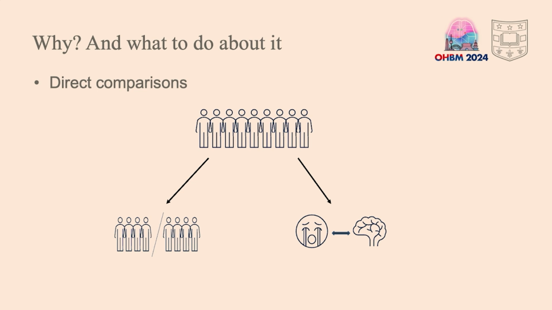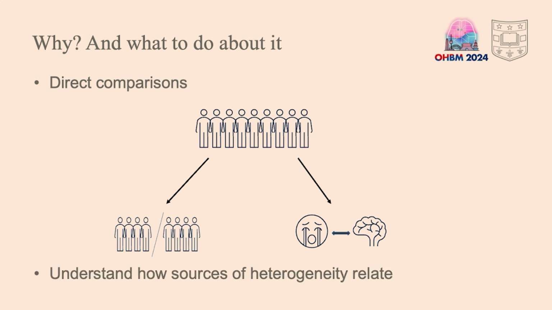You can compare literature-driven to data-driven. This doesn't have to be just brains and symptoms. This can also be genetics and all of these other sources of heterogeneity. But overall, the takeaway is that if we want to understand how these sources of heterogeneity relate, we also have to understand and compare the actual parsing approaches as well.